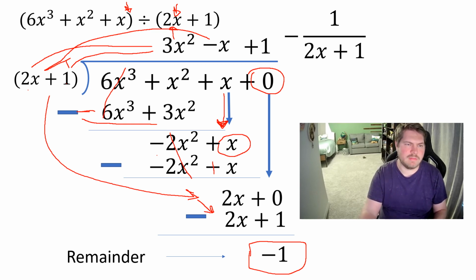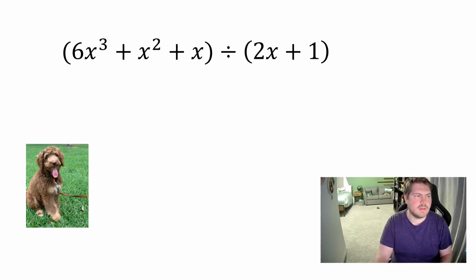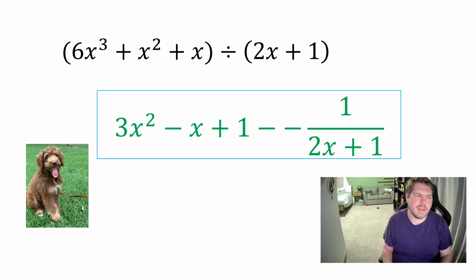So there you have -1. I just moved the negative to the front. But basically, 2x to the third plus x squared plus x divided by 2x plus 1 is 3x squared minus x plus 1 minus 1 divided by 2x plus 1.